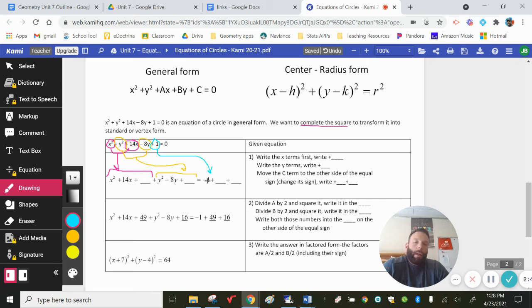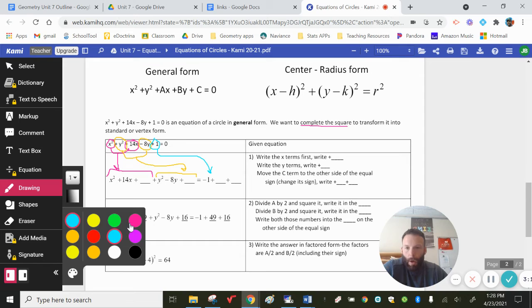And here's essentially what I'm going to do. In math language, I'm going to take this binomial, this two-term little x squared plus 14x, and write it in what we call a perfect square trinomial. So that's what this plus blank is right here. I'm going to figure out what I have to add to these two terms to make this binomial a perfect square trinomial.